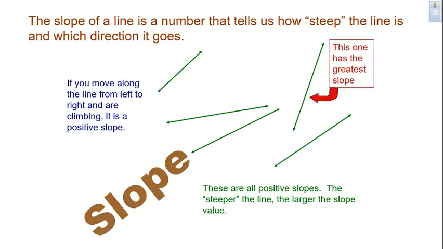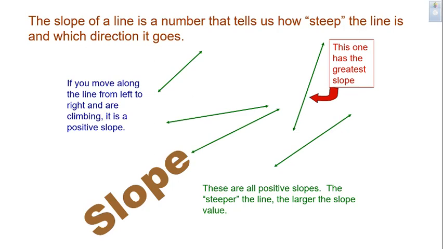So for example, this line here is the steepest line, so it will have the largest slope. And since the line is increasing, we will give it a positive, because generally speaking, when something is going upward or increasing in mathematics, it usually gets the positive designation. And when it's going downward or decreasing, that will be a negative designation.